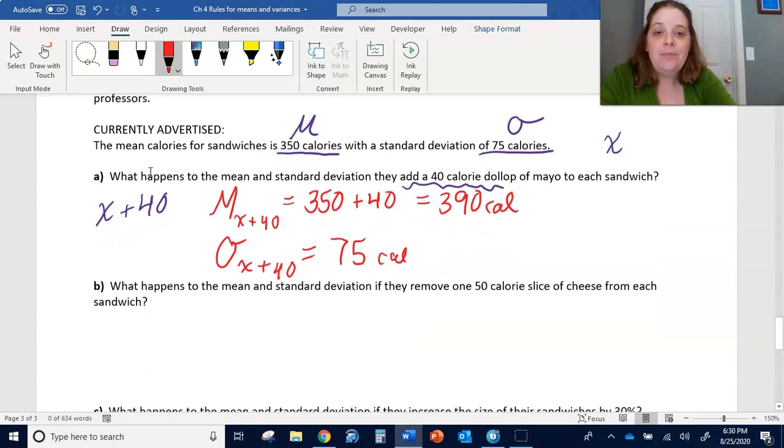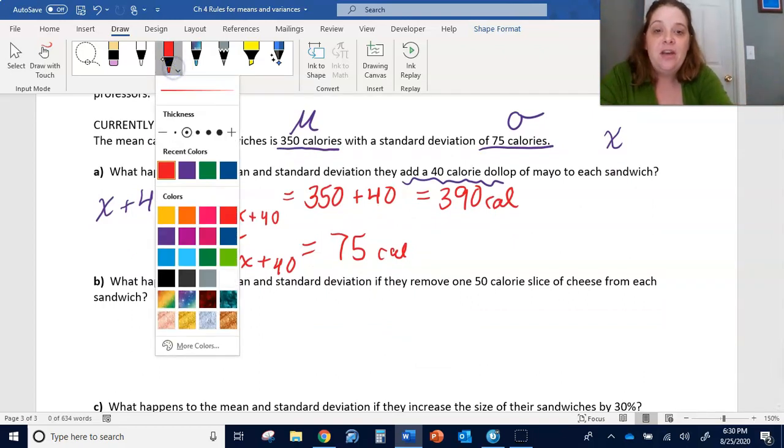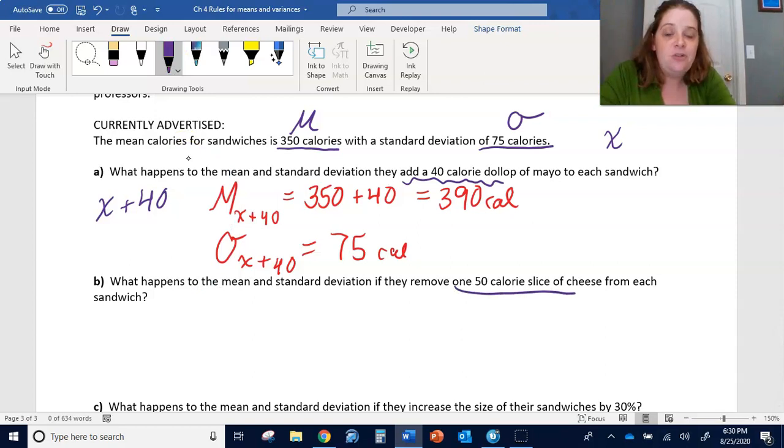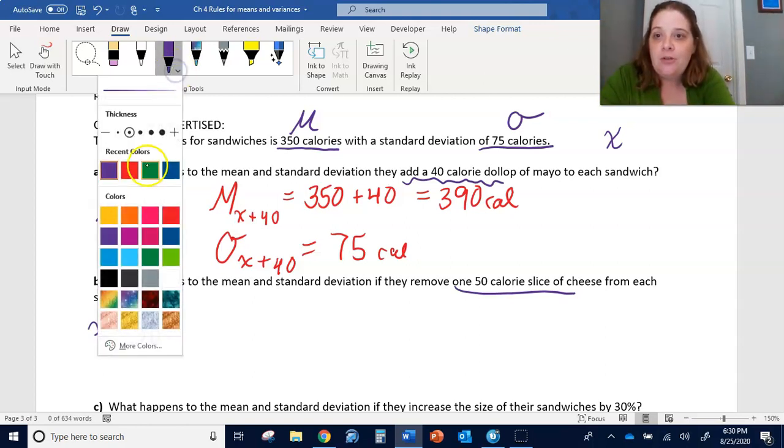All right, what happens to the mean and standard deviation if they remove a 150-calorie slice of cheese from each sandwich? Well, first off, it's going to be a whole lot less sales because who wants a sandwich without cheese? That's just awful sad. So again, I'm going to take my values X, all those numbers, and I'm going to subtract 50. All right, subtract 50. So what is that going to do to my mean?